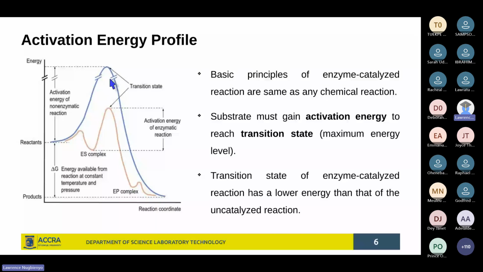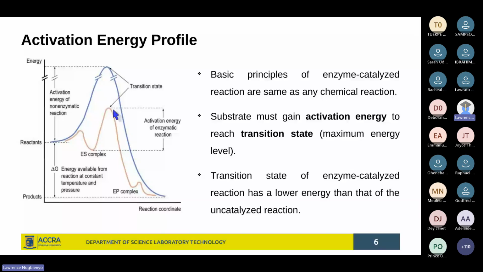And you see another one which is in orange. That energy profile is for a catalyzed reaction. Because we are talking about enzymes, we are referring to the blue as a non-enzymatic reaction, and the orange as an enzymatic reaction, which means the reaction is being catalyzed by an enzyme.